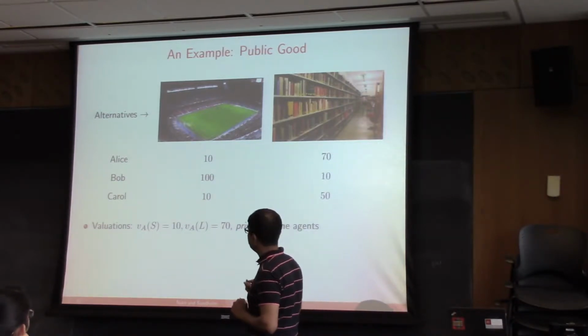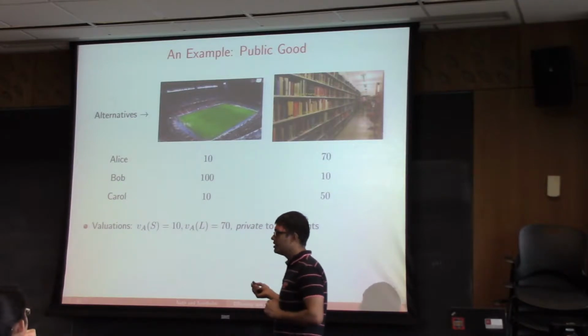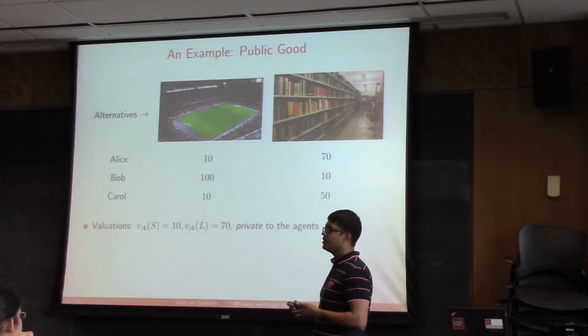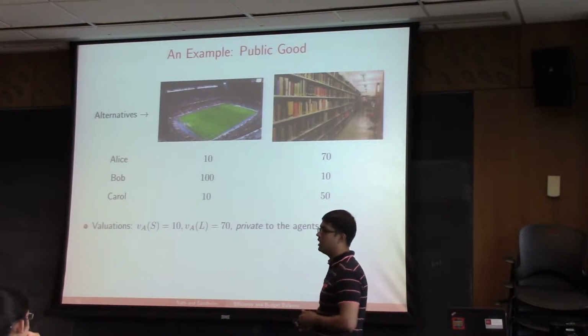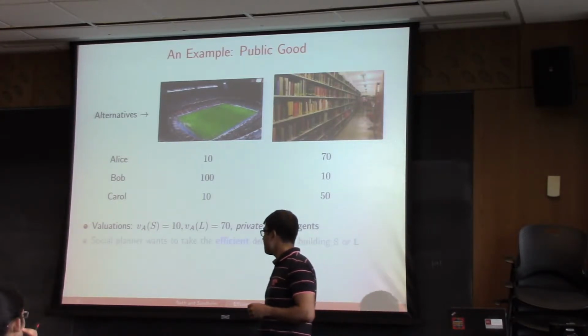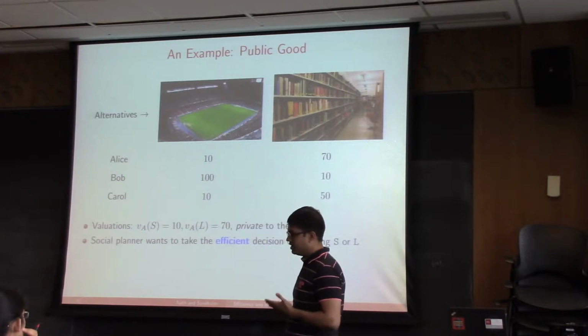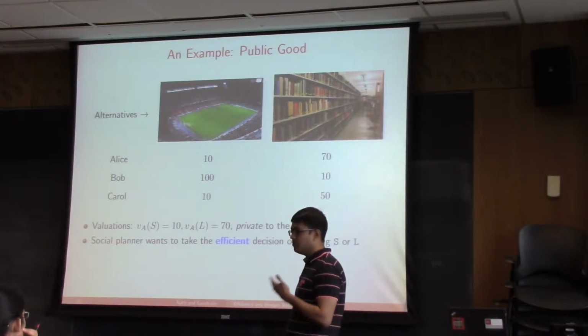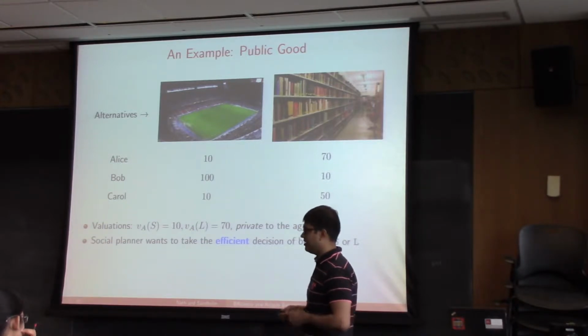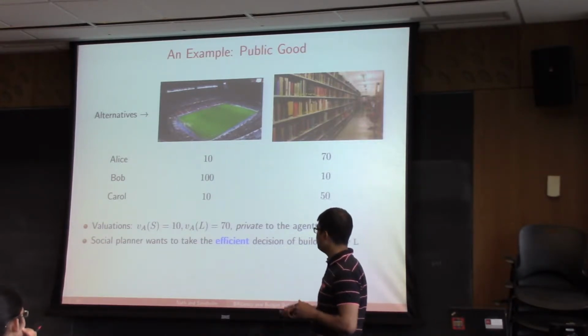The assumption is that these numbers are known accurately to the agents, so these are private information of the agents. The planner who is trying to decide whether to build the soccer ground or the library does not know this valuation information. We'll use the terms planner, mechanism designer, and decision maker interchangeably.